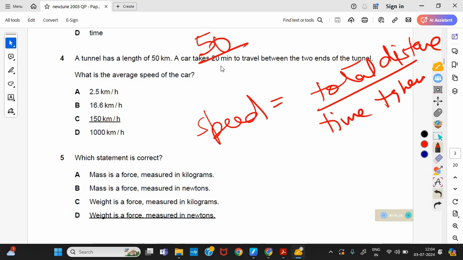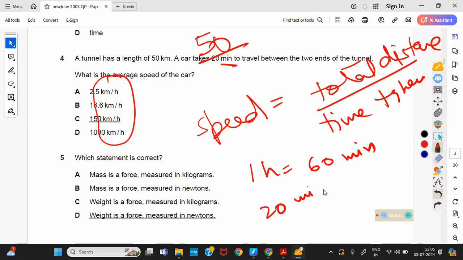So we have to first convert minutes into hours because we can see here the unit is kilometer per hour. As we know, 1 hour is equal to 60 minutes. So 20 minutes is equal to 20 divided by 60 hour. So this is equal to 1 by 3 hour.